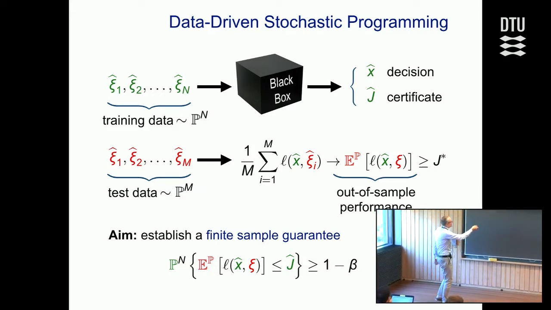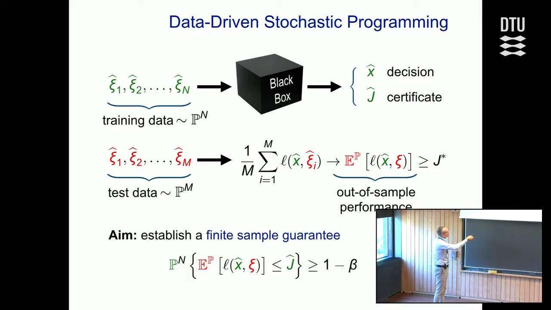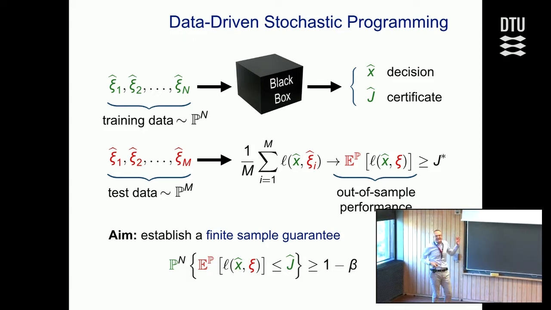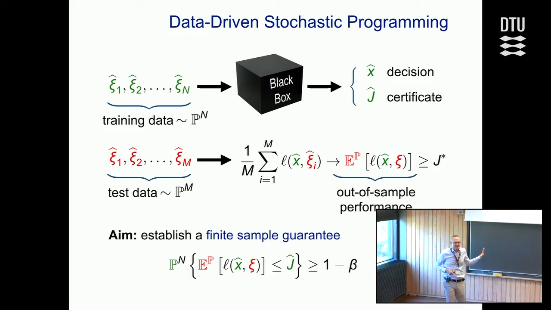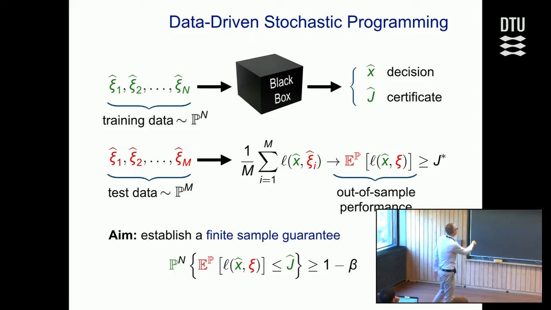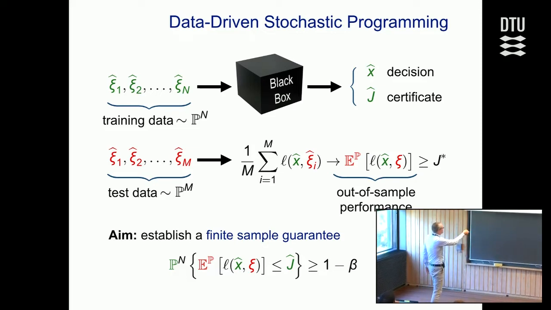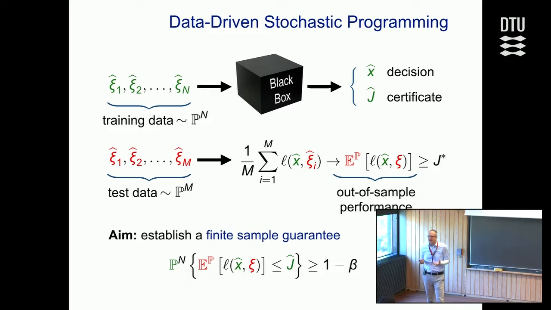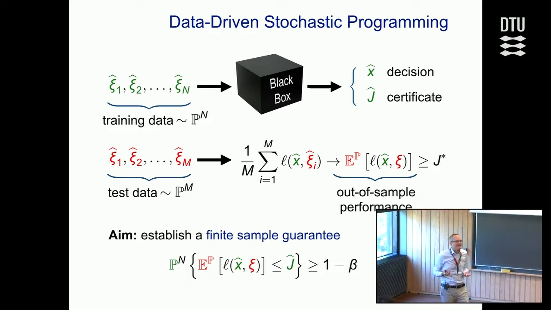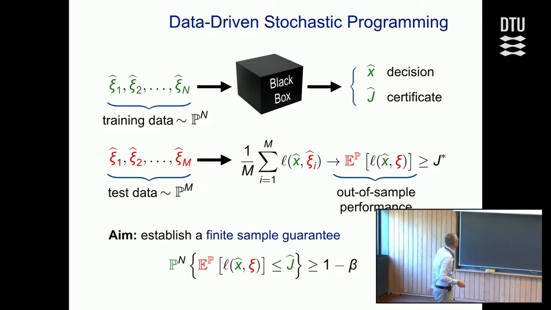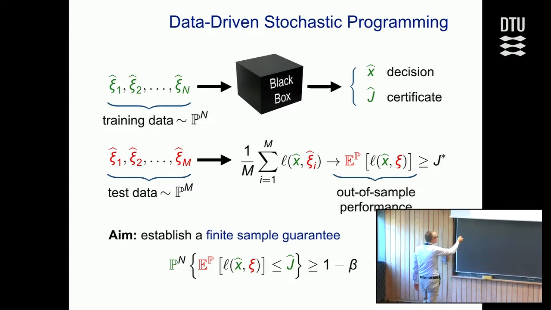And okay, so this inequality can either be true or not. That depends on the training samples, right? So the probability here is taken with respect to the n IID training samples. That's why I write the distribution p to the power n, right?